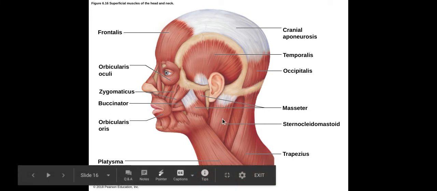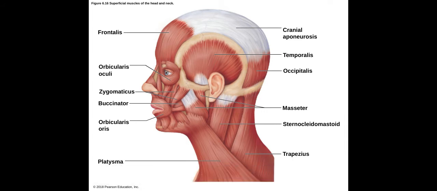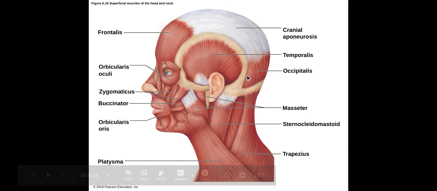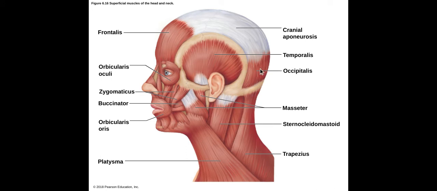It's right here. The masseter would be located with these two muscles here. Occipitalis is in the back of your head. Temporalis is here. And then the cranial aponeurosis is up here. And I don't think I even have you do that one on the quiz, but I'll give you guys the charts.